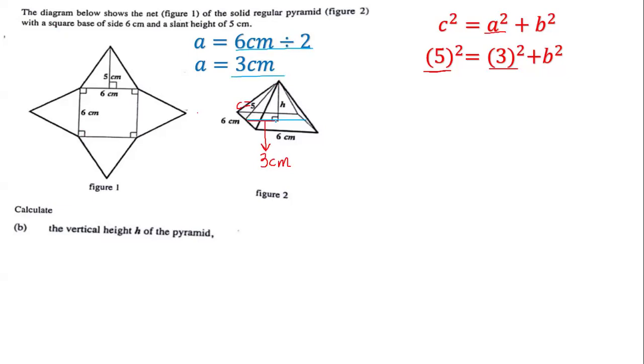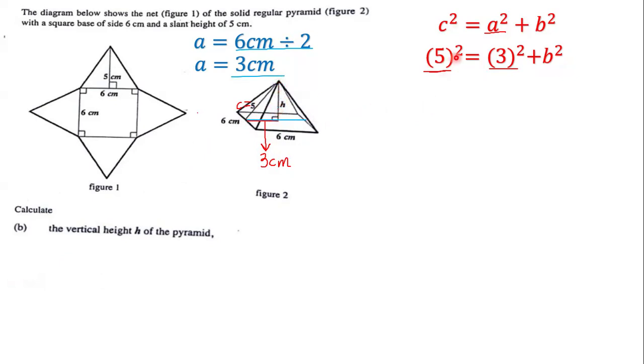So that means that A, which is only half of the entire thing, is equal to 3 centimeters. And so A is 3 centimeters, C is 5 centimeters, and h is the missing side.